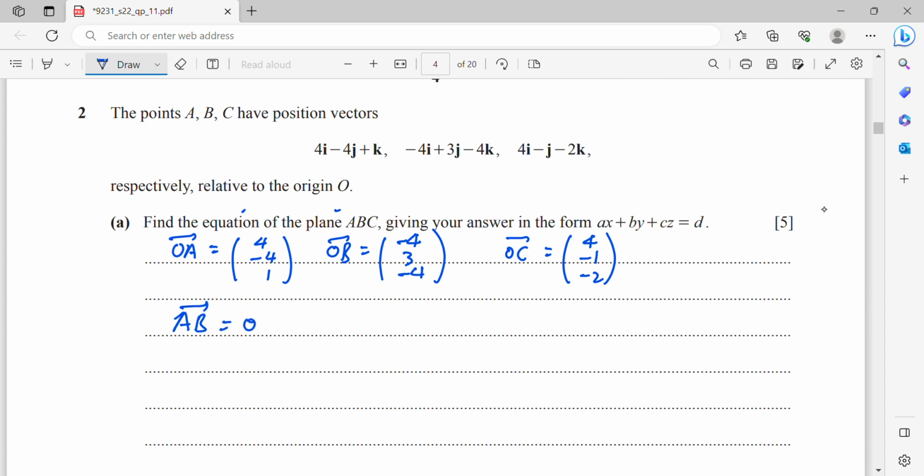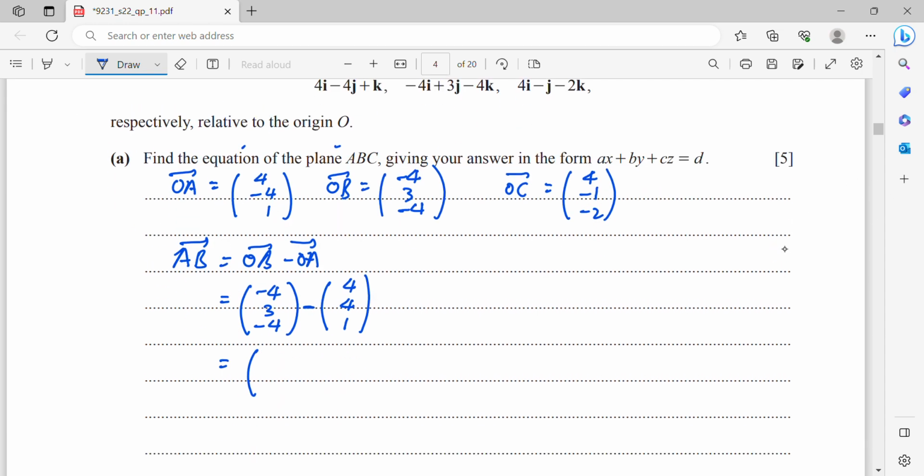So vector AB is OB minus OA, which is (minus 4, 3, minus 4) minus (4, minus 4, 1). So I will get minus 8, 7, no, 3 minus the OA. Okay, wait. OA is (4, minus 4, 1). So this is minus.